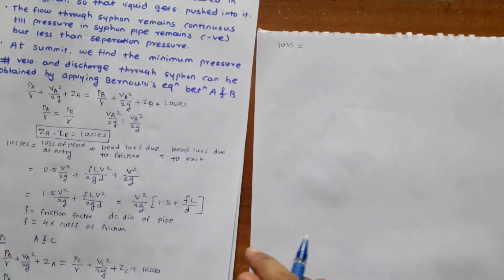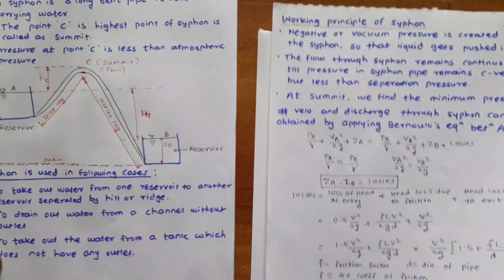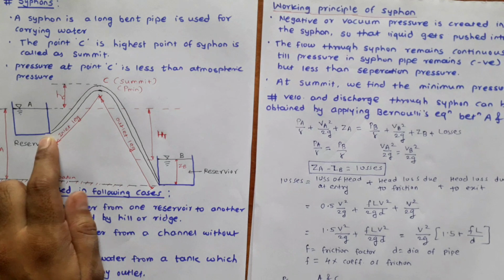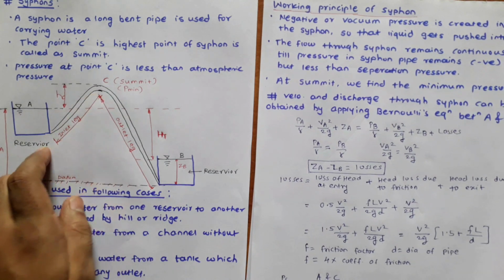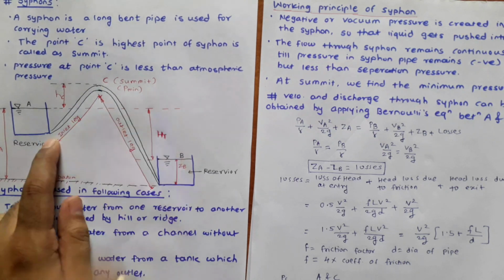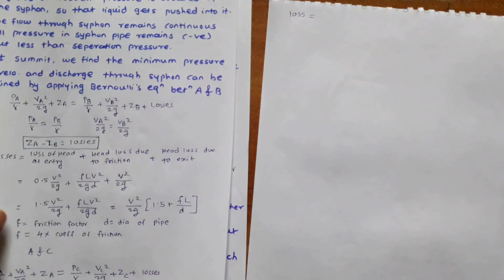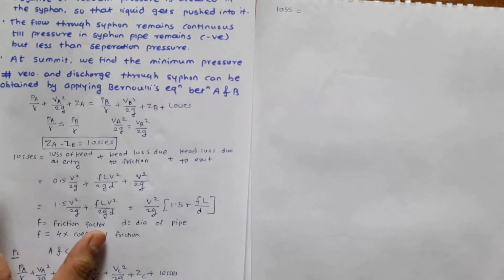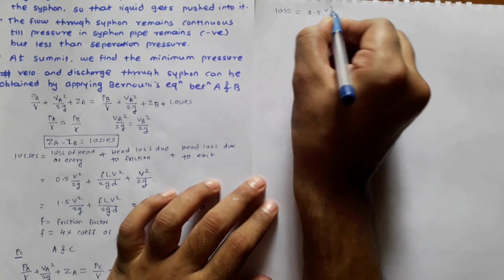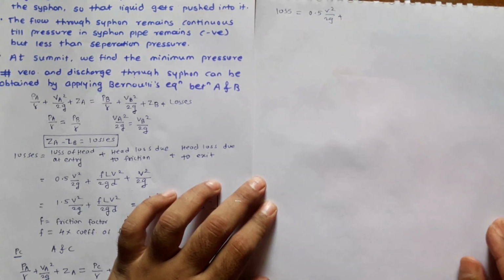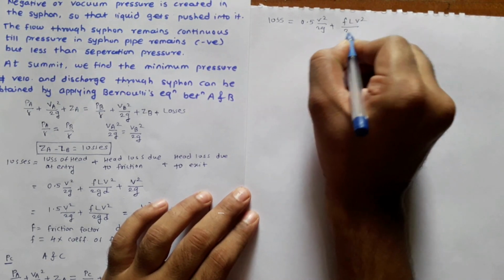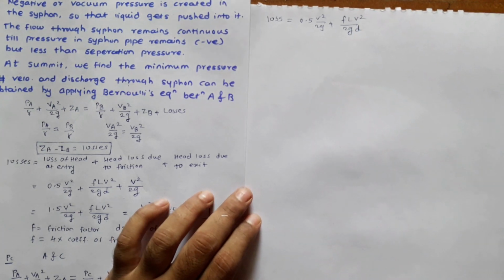This loss value is the entry loss plus the head loss due to friction between A and C. One minor loss and one major loss are involved. So the value is 0.5 V square by 2g plus 0.5 V square by 2g plus f L V square by 2 g D.